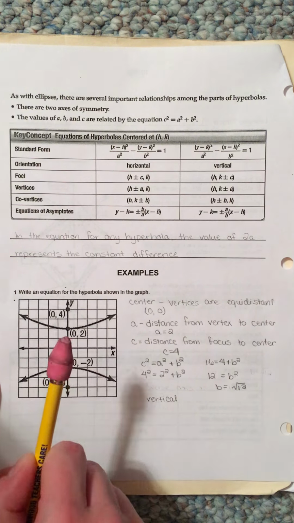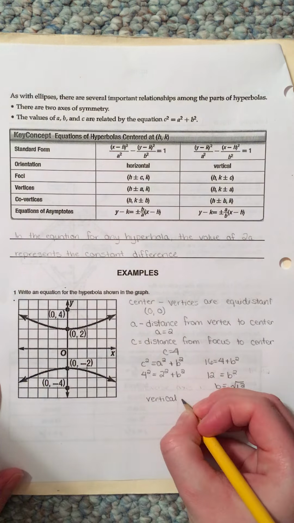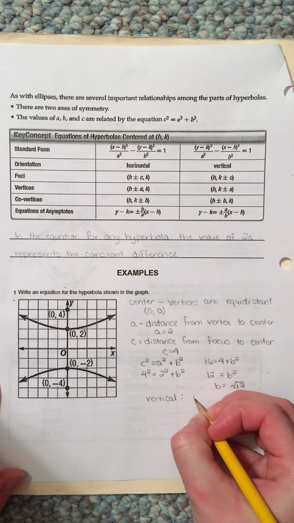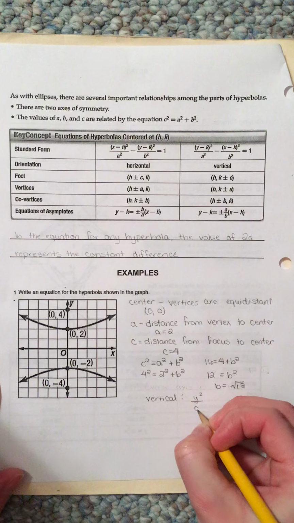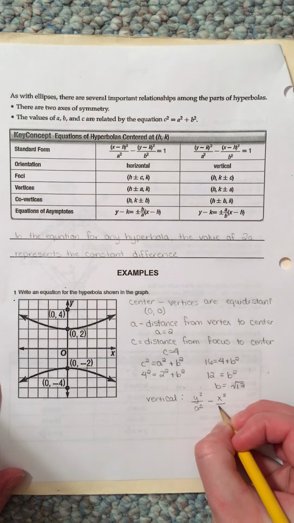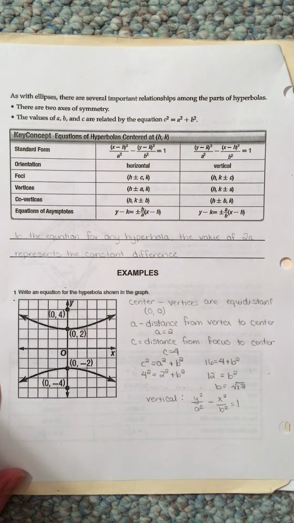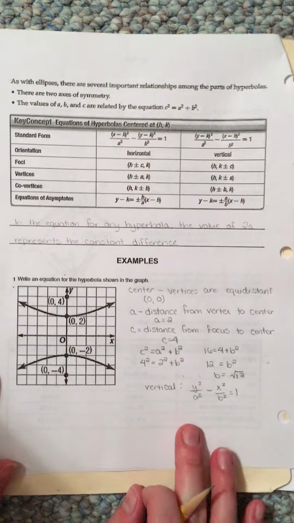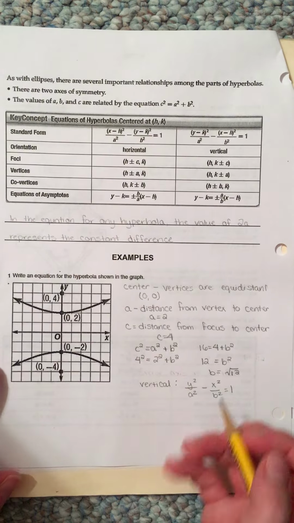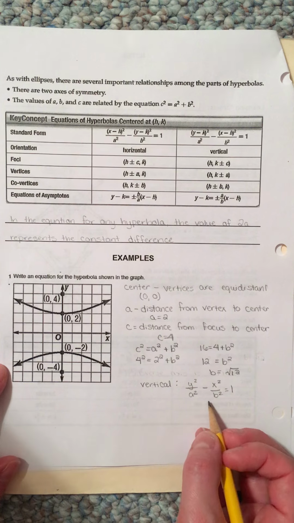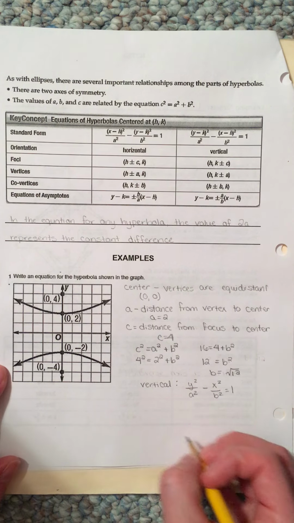So that's what makes it a vertical equation. So we are going to use y squared over a squared minus x squared over b squared equals 1. So a lot like the ellipse equation, and remember, because this is at a (0, 0) center, we don't have to do that h, k. It's just a standard y squared, x squared.